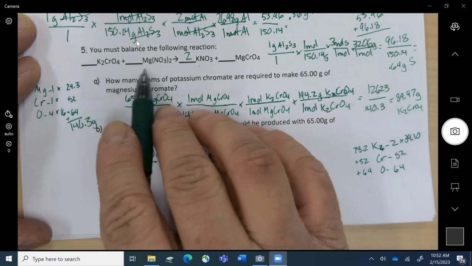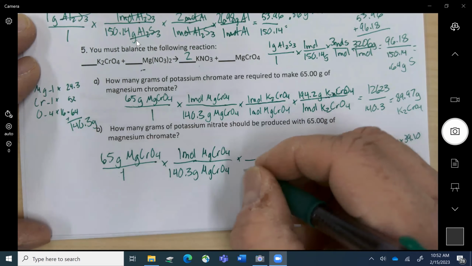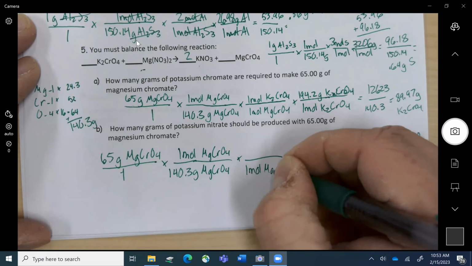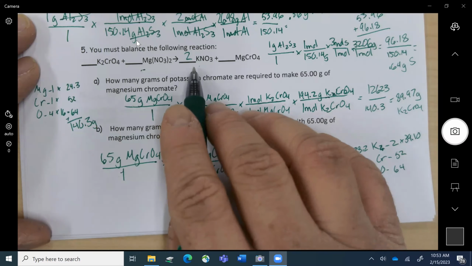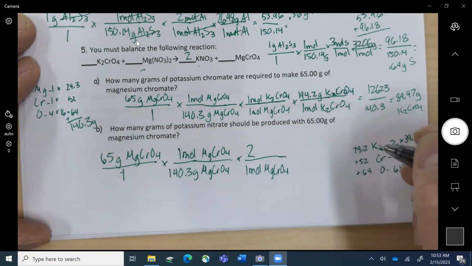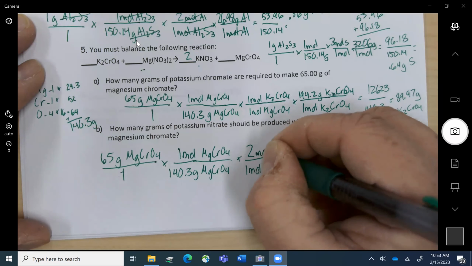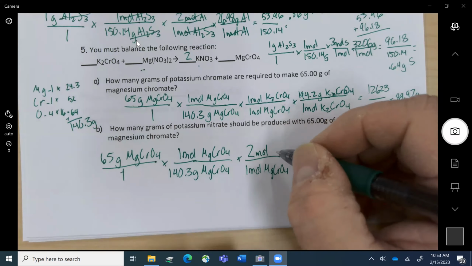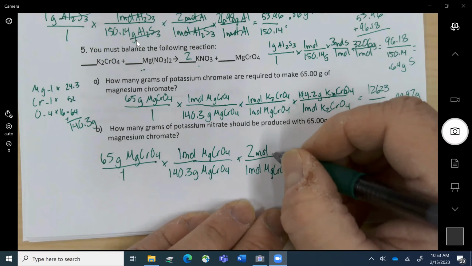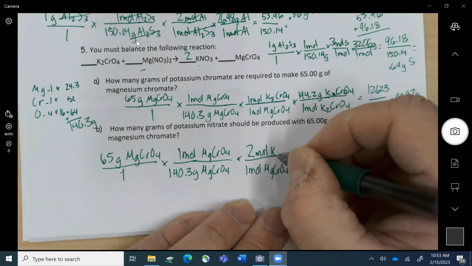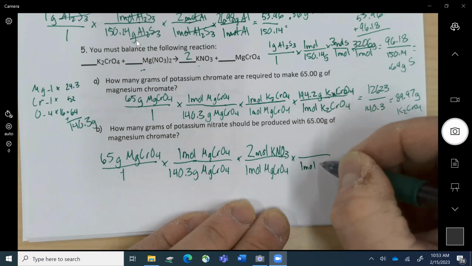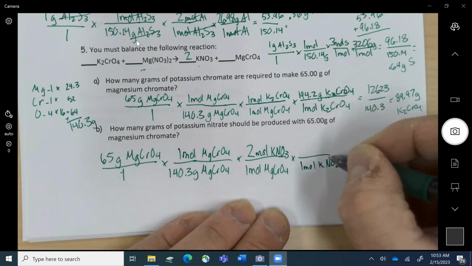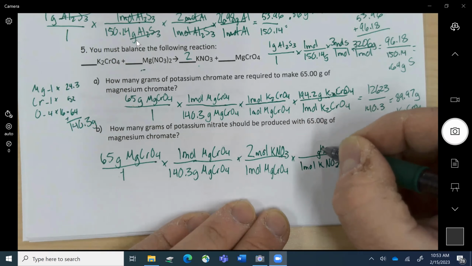Now, balanced is 1 mole of MgCrO4. And then potassium nitrate is right here, KNO3, times 1 mole of KNO3 over grams of KNO3.